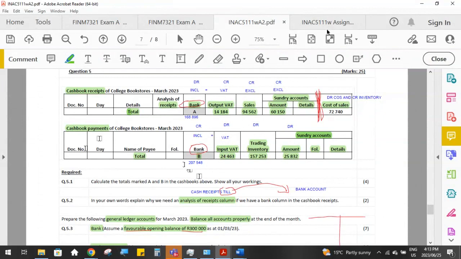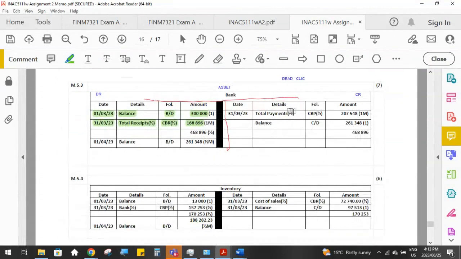The 207,548 must go onto the credit side of my bank account, indicating that that is the amount that I paid out of my bank account. Last day of the month, because this happens at the end of the month after we've closed off our cash book receipts journal and cash book payments journal. Details for the same reasons is going to be total payments, folio cash book payments, and then the total amount in the bank column.